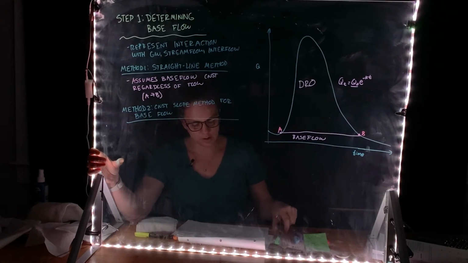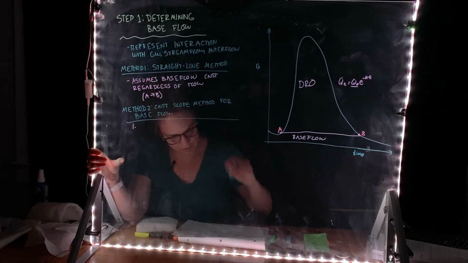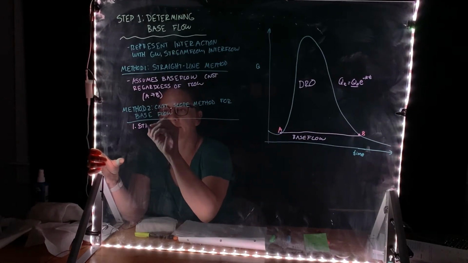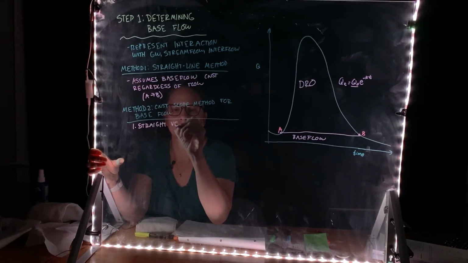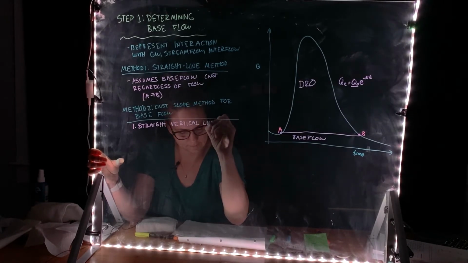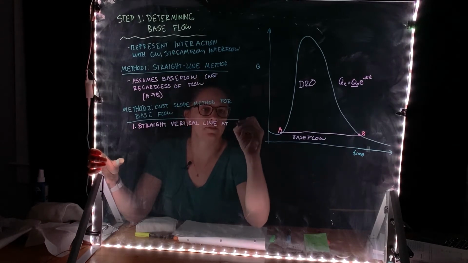This gets a little more complicated. Your first step is to draw a straight vertical line at the peak of the hydrograph.